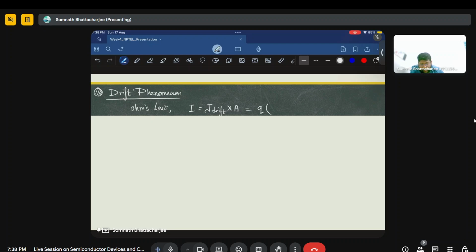Q is the total charge, so n mu n for the n type and p mu p for the p type, and the applied electric field. Based on that, we can write it like this. This is nothing but the change in the applied voltage. If we integrate both sides, we have the integral from 0 to V of Q n mu n plus p mu p dV.